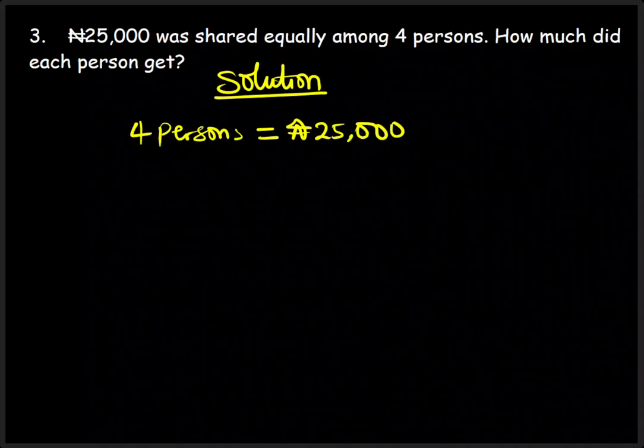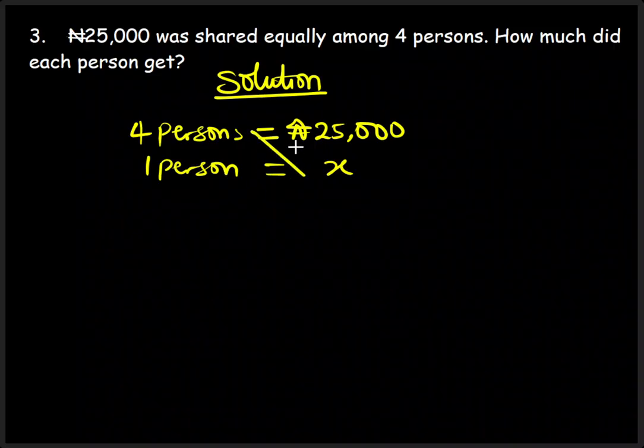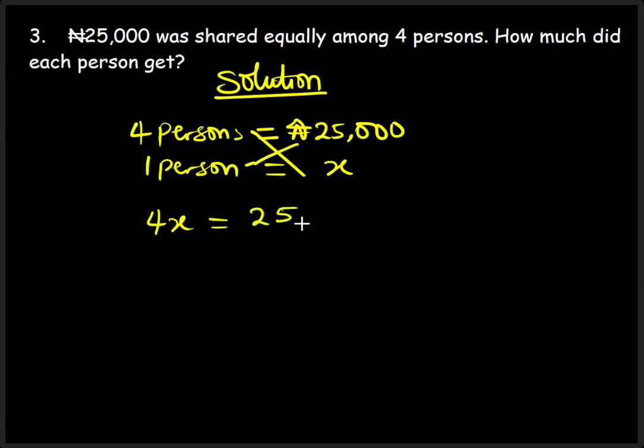Now, how much did each person get? So we are to find for one person. So one person will be equal to x. All right, so we do our cross multiplication. 4 times x, that will give us 4x equal to 25,000 naira.